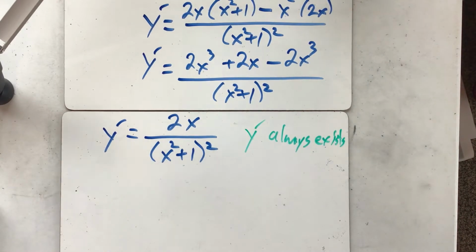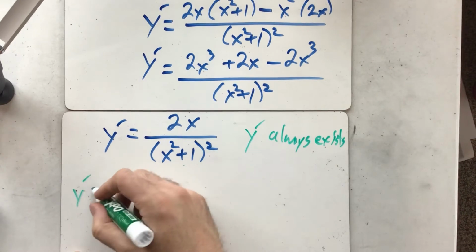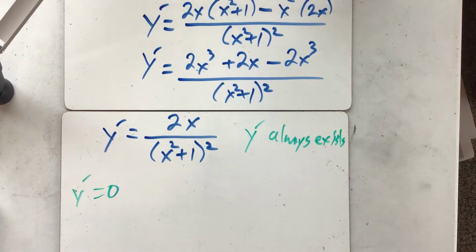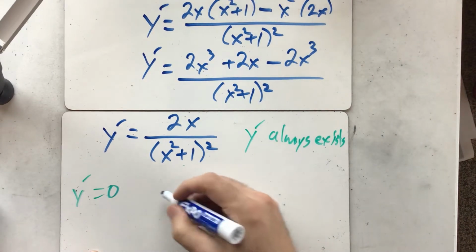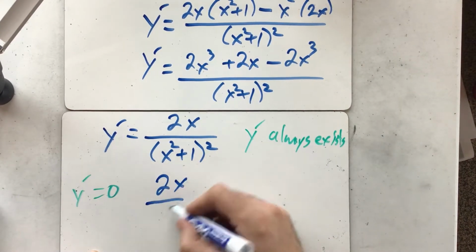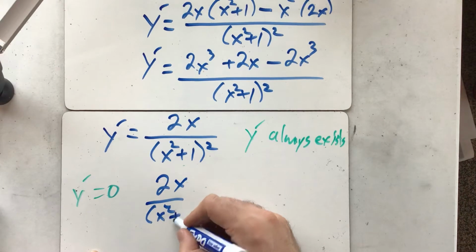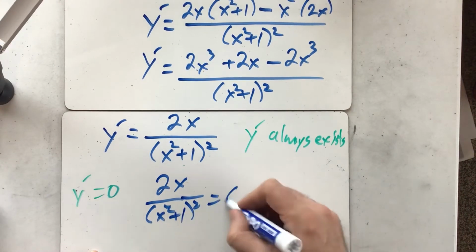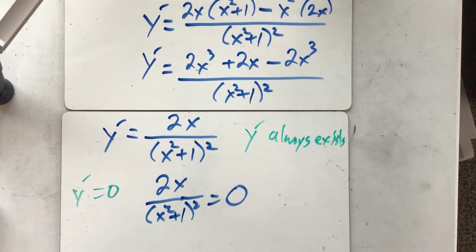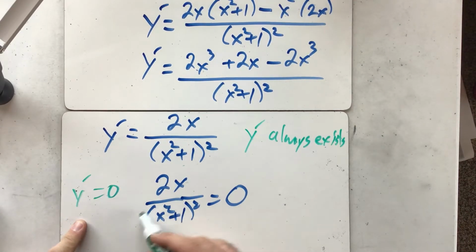So now all we have to do is set y prime equal to 0 and see what happens for that problem. So when y prime equals 0, we're going to have 2x divided by x squared plus 1 squared equals 0. And this may look really intimidating, but it's actually not bad at all because all we have to do is multiply by this denominator.